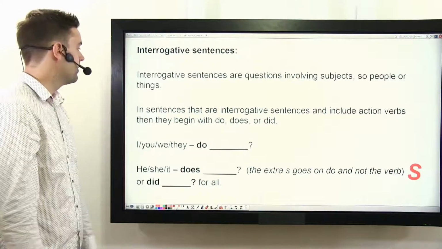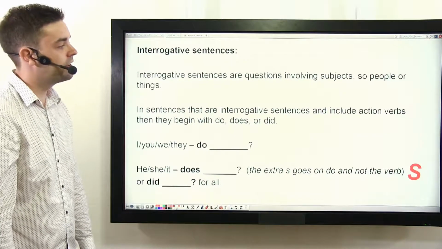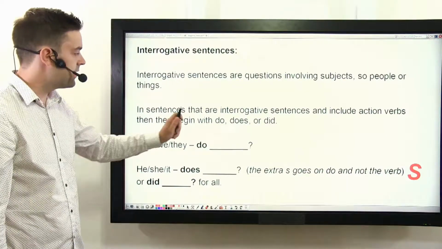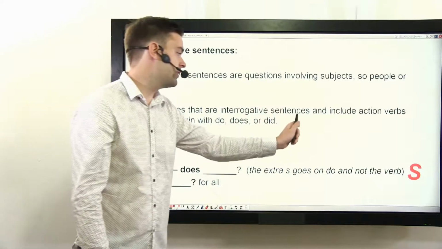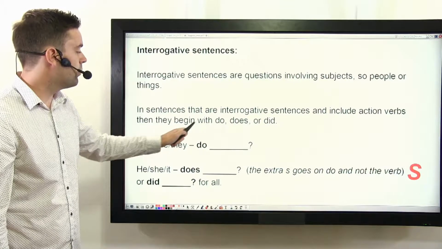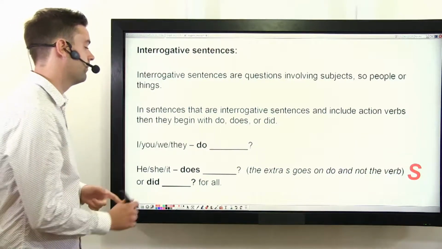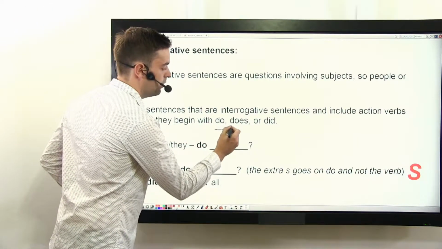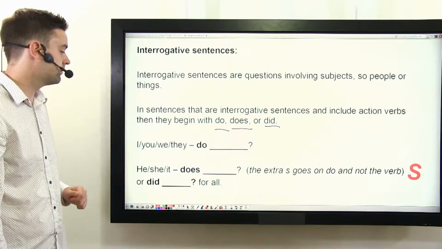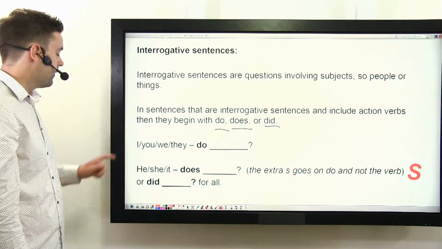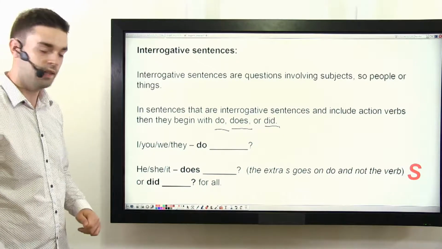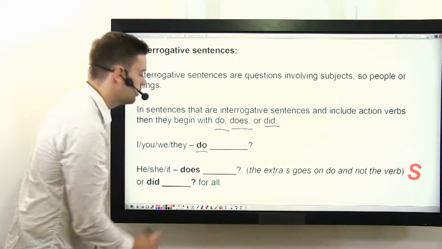Interrogative sentences are questions involving subjects, so people or things. Interrogative sentences that include action verbs begin with do, does, or did. If it's I, you, we, or they, it begins with do.